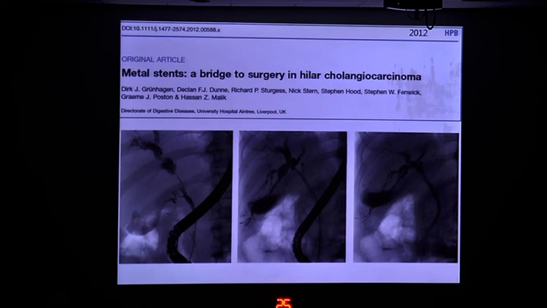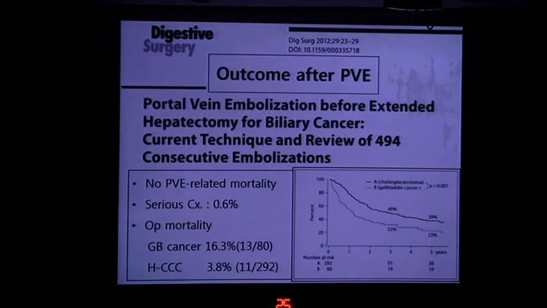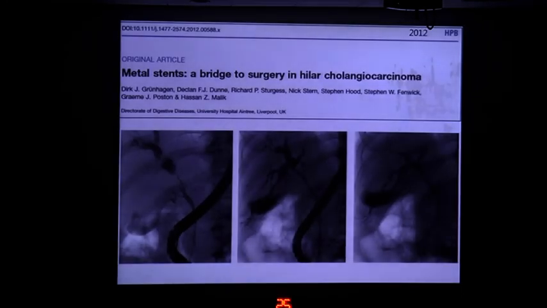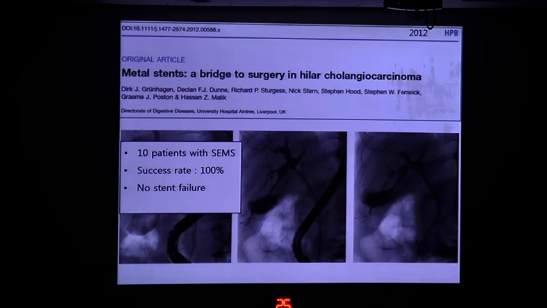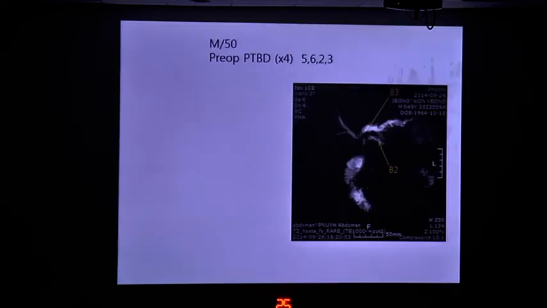So they introduced metal stent to hilar cholangiocarcinoma in the UK. They did 10 patients with a self-expanding metal stent, and the procedure success rate was 100%. No stent failure, so it would be one issue in this field.